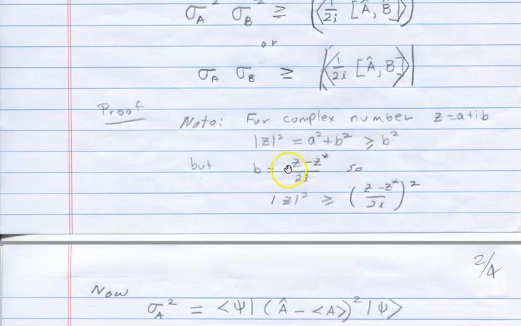And if you look at this quantity, this is just b, the imaginary part. The way to get the imaginary part of a complex number is to take the number minus its complex conjugate and divide it by 2i, and I think if you do that up here, you'll find that this just becomes b.